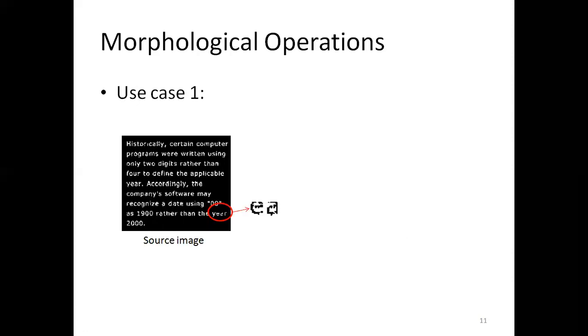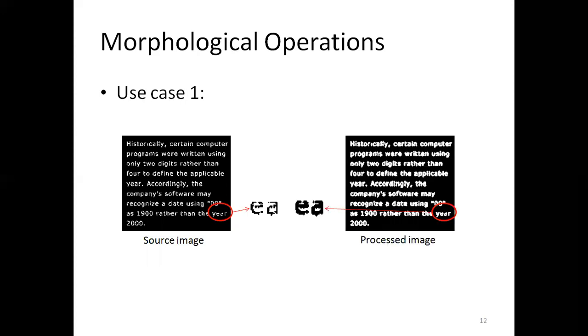Okay, so let's start with a use case. Here we are given an image which has statements and words written in it. It's a historical image and the words are not that readable. So our goal is to make this image more readable. Here is the processed image. The font in the processed image is now bold and more readable compared to the source image.